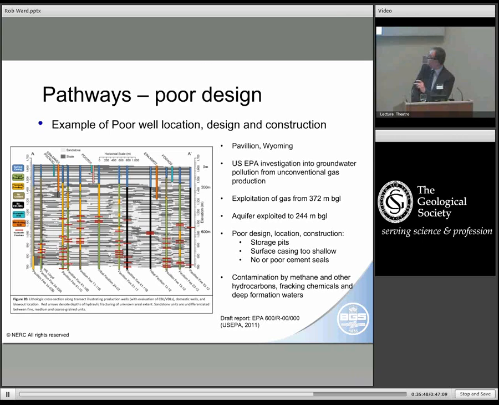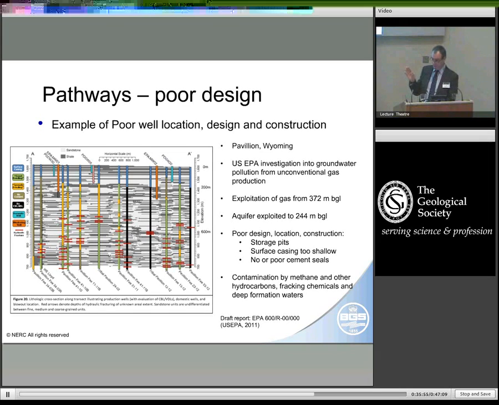And we have, in this situation, the exploitation of the gas as shallow as 372 metres below ground level, and that was overlying aquifers which were exploited to 244 metres below ground level, and the base of the aquifer was lower.